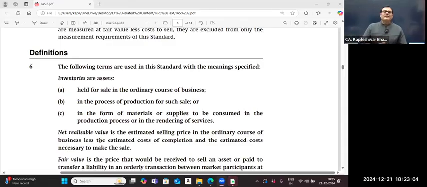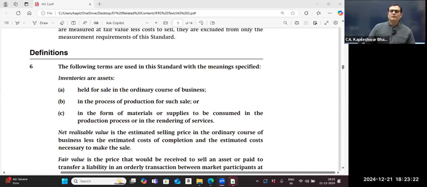It says inventories are assets. Before I read clauses A, B, C, what is coming to my mind is that they are saying inventories are assets. Why am I focusing on the word asset? I have a little funny question to ask you, but I think it is very important.